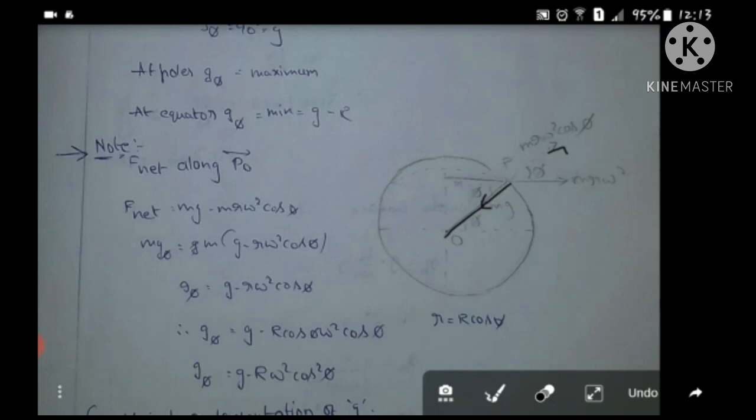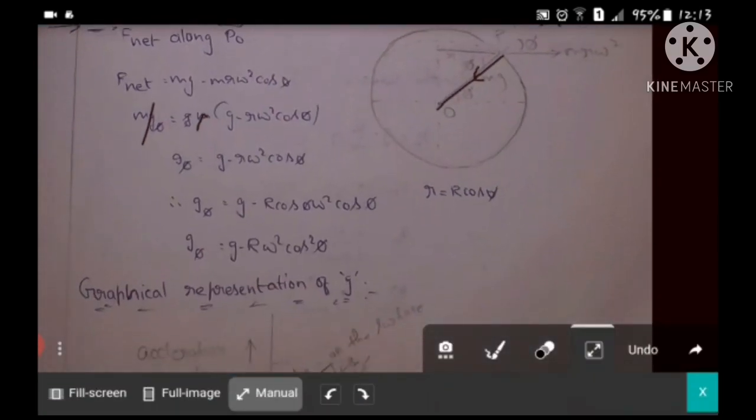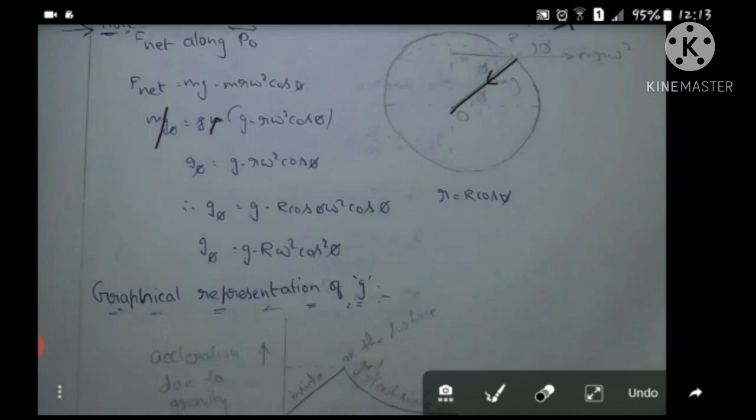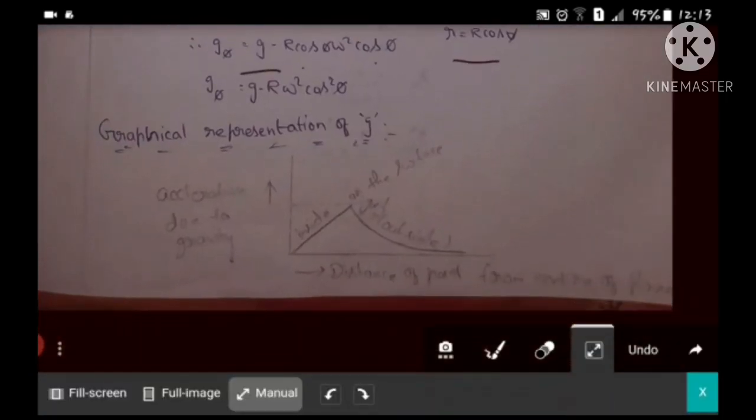We can take m common: m g phi is equal to m into g minus r omega square cos phi. Here m gets cancelled, so g phi is equal to g minus r omega square cos phi. We know that r dash is equal to r cos phi, therefore g phi is equal to g minus r cos phi omega square cos phi. Therefore g phi is equal to g minus r omega square cos square phi.